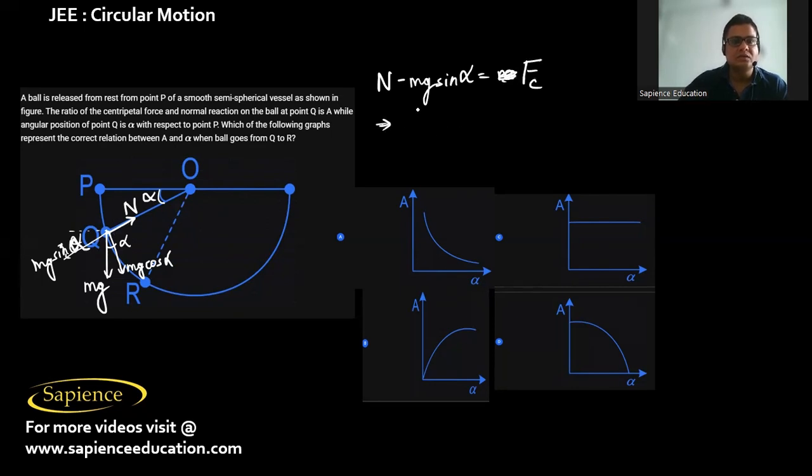So now the ratio of the centripetal force and the normal reaction on the ball at point Q will be 1 minus mg sine alpha by n. So this ratio, they are calling it as A.